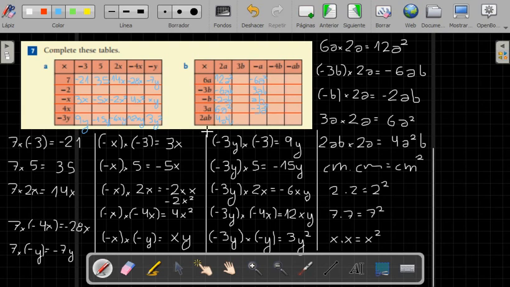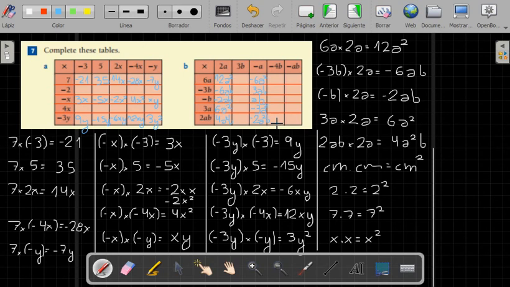And finally here, positive multiplied by negative, it's going to be negative. There is only one number, the 2, but the a is repeated 2 times. A times a, it's a squared. And the b, it's only here one time, so we just copy b.